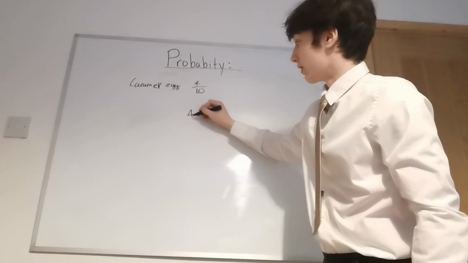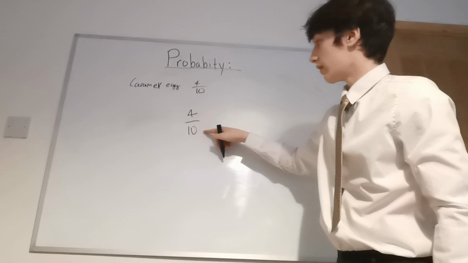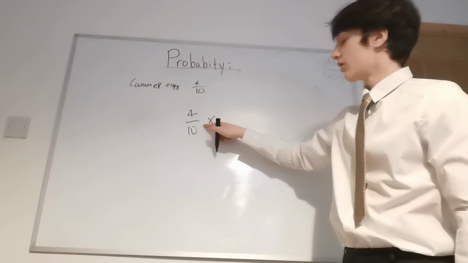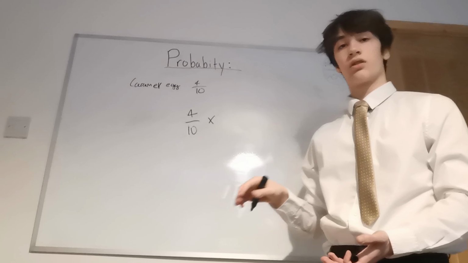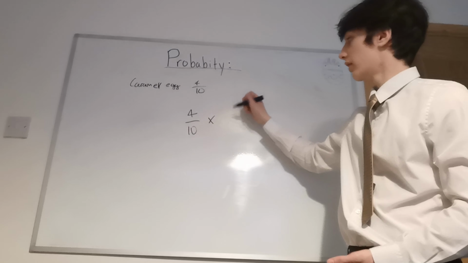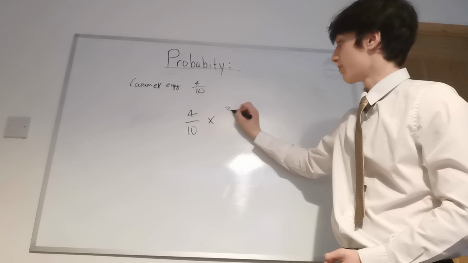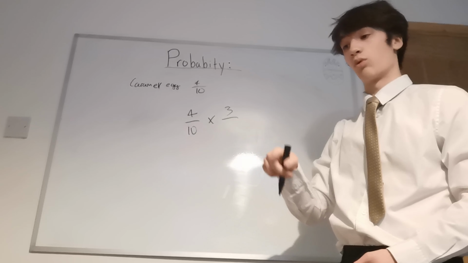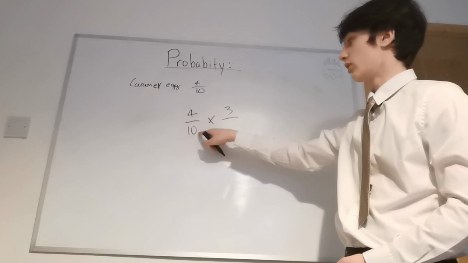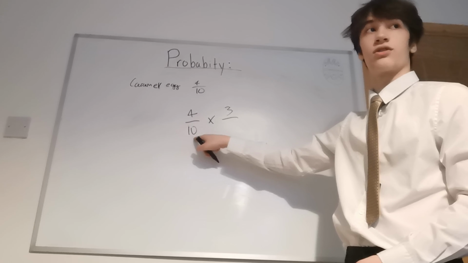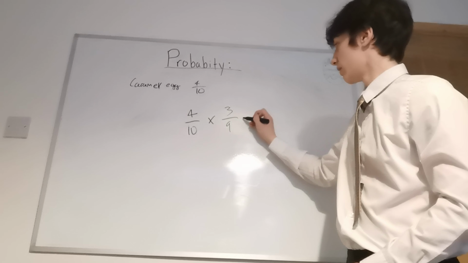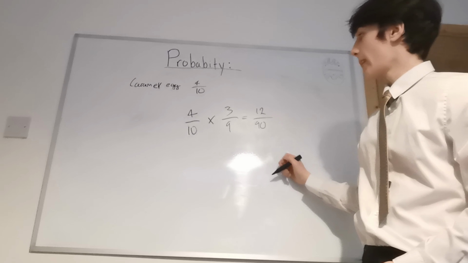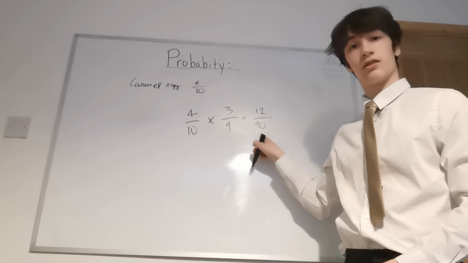I would say that there's 4 in the first time, then we times it, so we've taken 1 out, so there's 1 less caramel egg, so 4 minus 1 is 3, and you don't put 10 because there's 1 less egg, so there's also 1 less total. So we put 9, times that together, get 12 over 90. So this is the dependent probability.